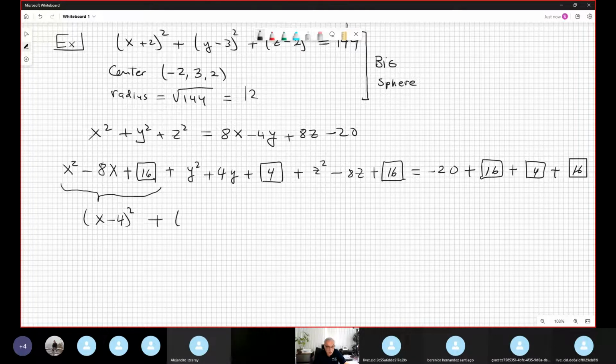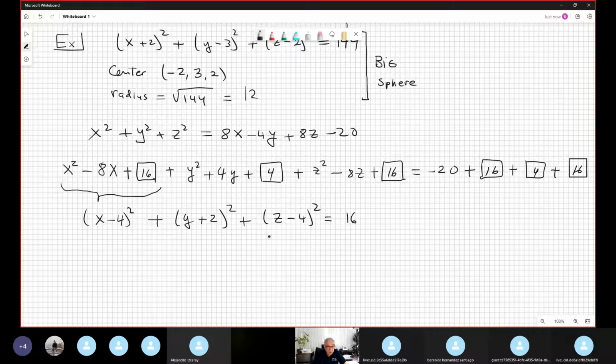Plus y plus 2 squared, plus z minus 4 squared equals something. Well, minus 20 plus 4 is negative 16, and the negative 16 cancels out with the positive 16. Beautiful, that's 16.